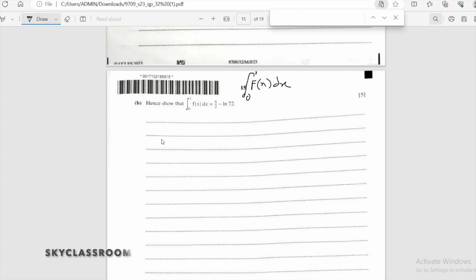So how do you go about that? Let's write the integral of the function of x.